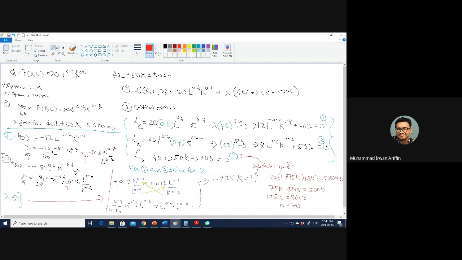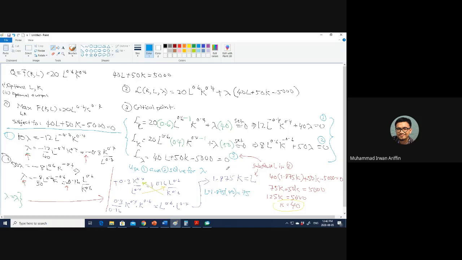Now that we have solved the value of K, which is 40, next we need to solve for L. So L would then equal 1.875 multiplied by 40, which is 75.